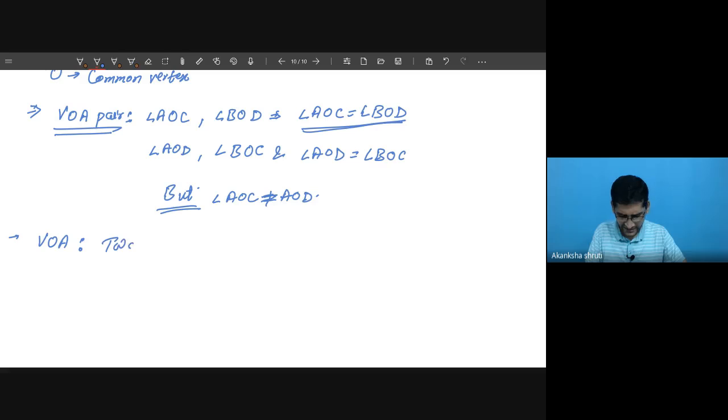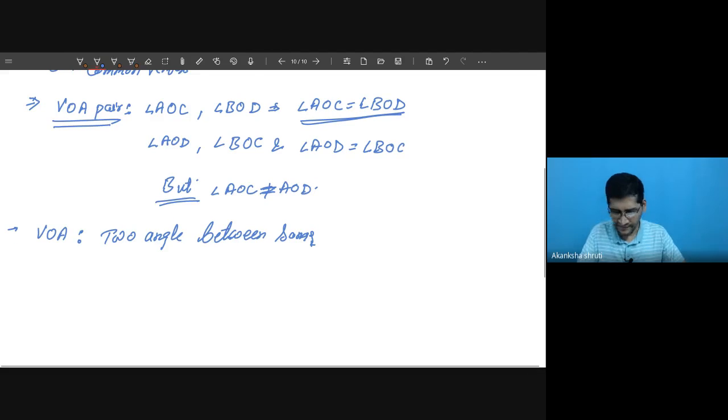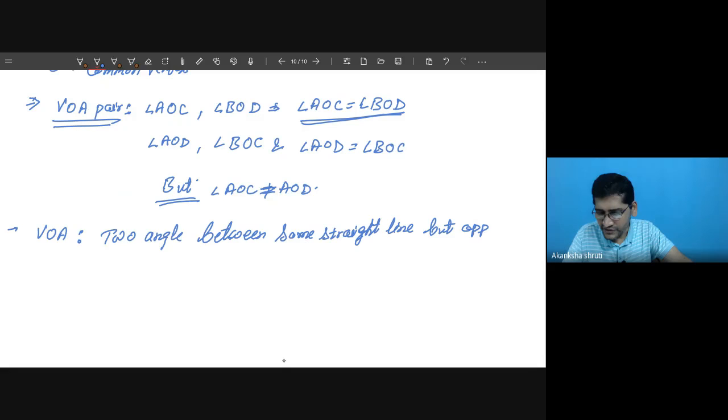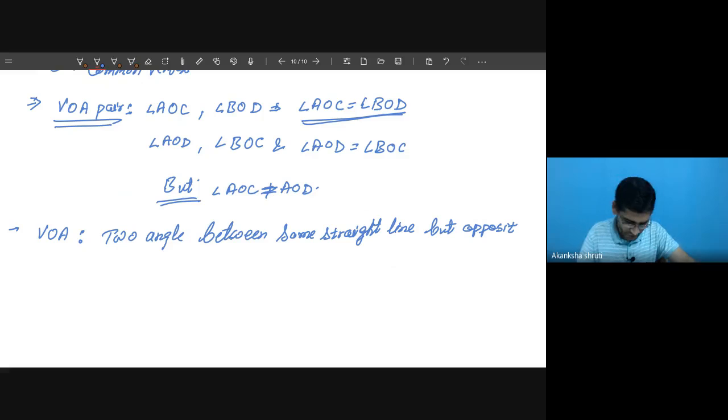So two angles between the same straight lines, while they are opposite to a common vertex.